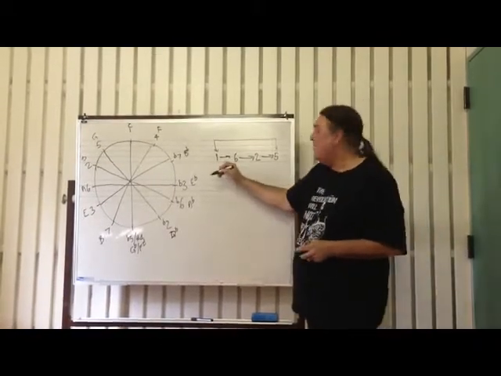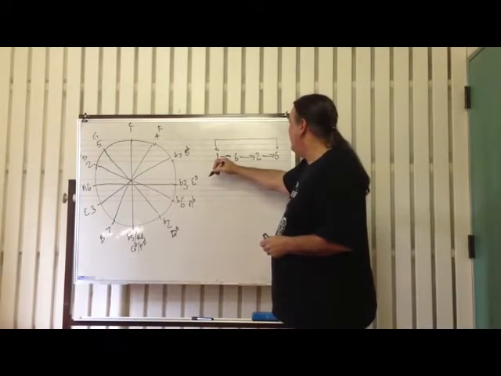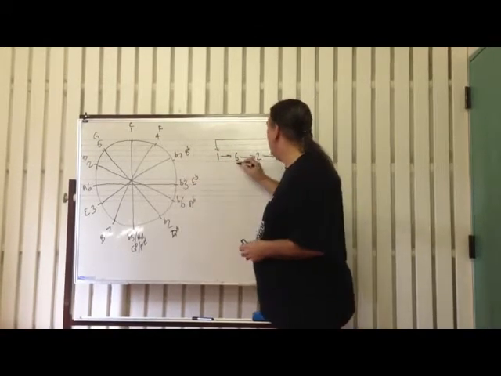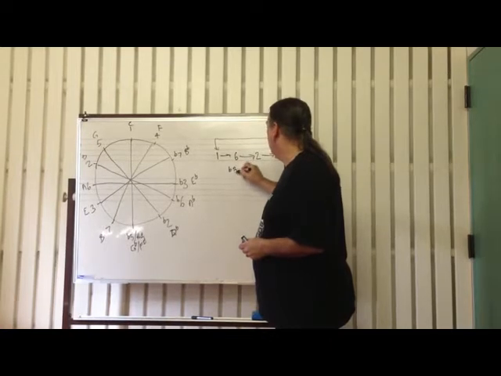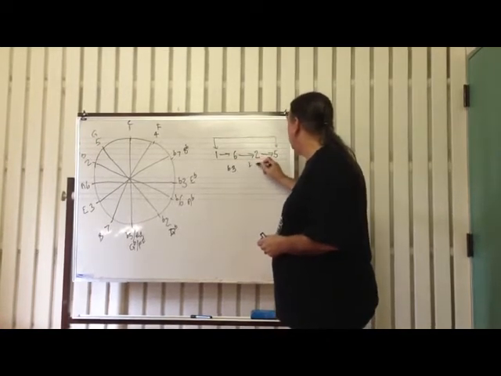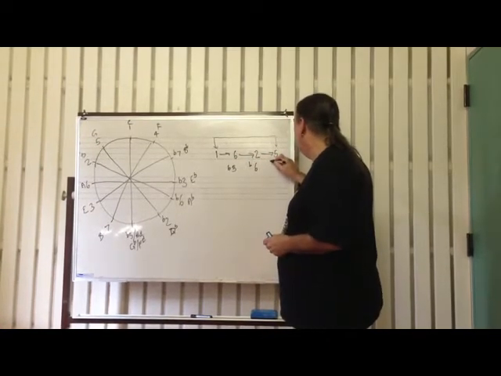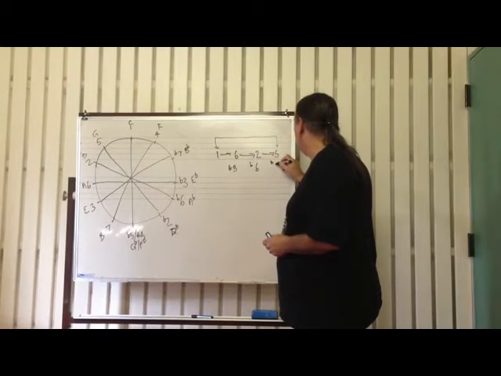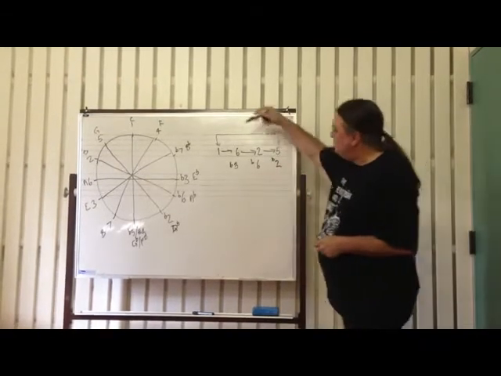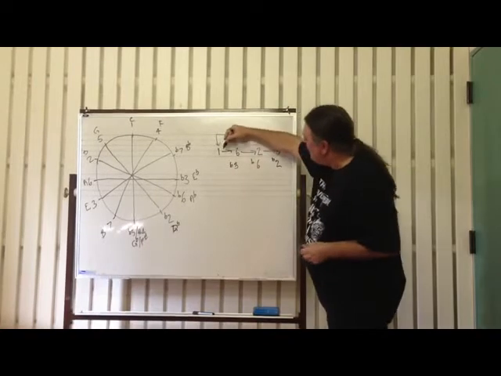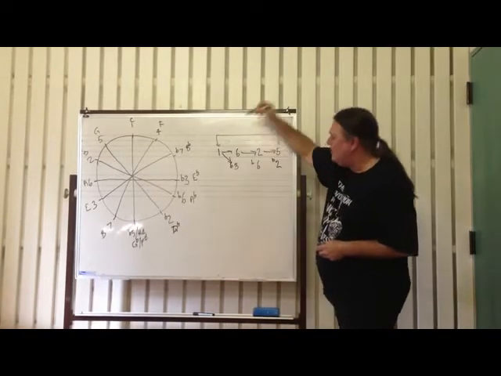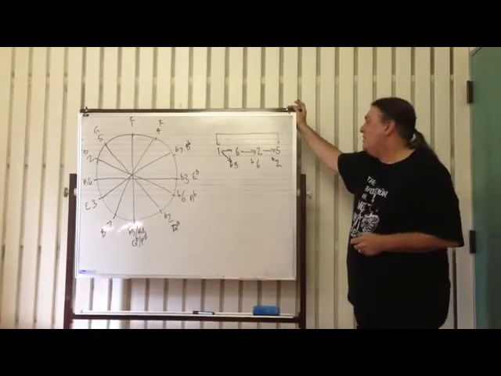The tritone partners here: instead of 6, I have flat 3. Instead of 2, I have flat 6. And instead of 5, I have flat 2. So if 1 goes to flat 3, where does flat 3 go to?